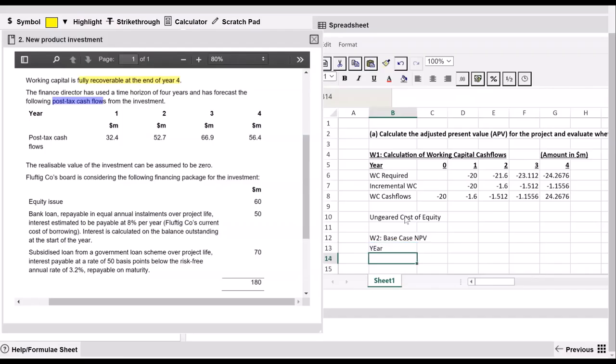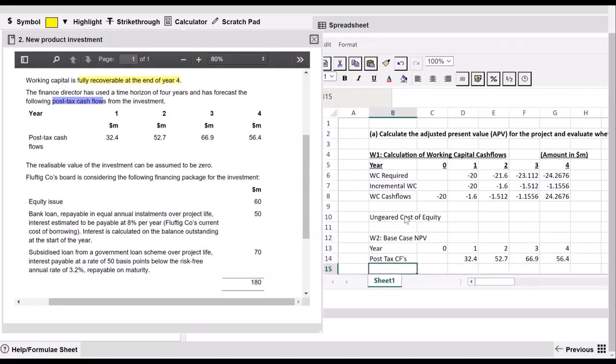Now for the base case NPV, the years 0, 1, 2, 3, 4, we are already provided with post tax cash flows, and picking them from the question, which are 32.4, 52.7, 66.9, and 56.4.